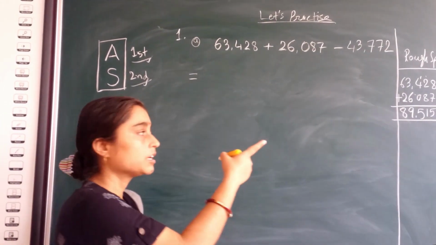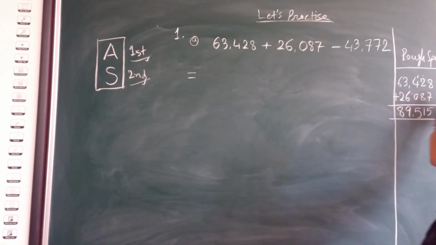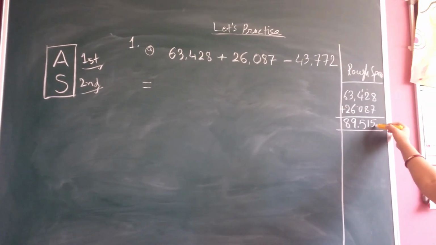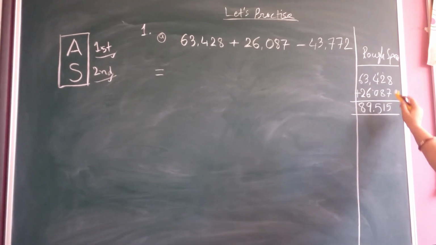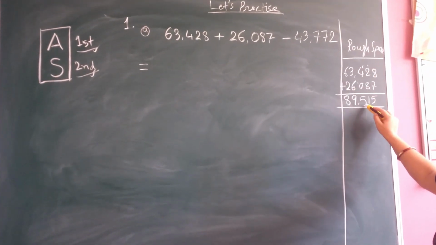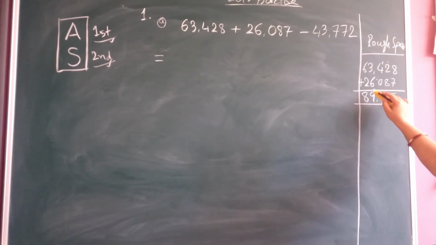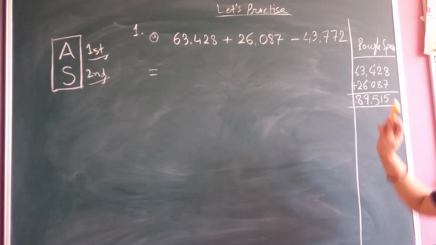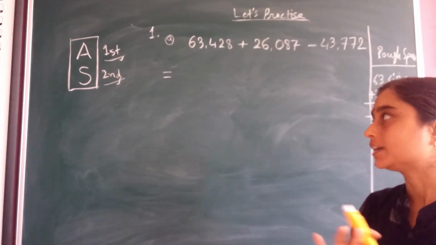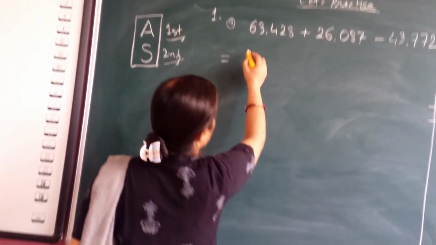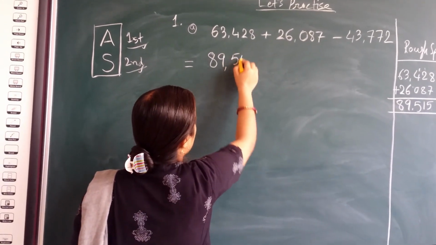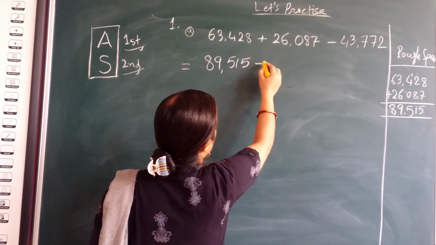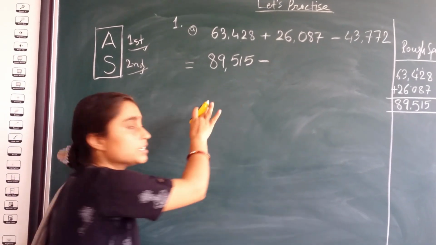So we will check it again. See, 8 plus 7 is 15, 5, carry 1, 8 plus 2, 10 plus 1, 11, 1, carry 1, 4 plus 1 is 5, 6 plus 3 is 9, 6 plus 2 is 8. So our addition is correct. Now write it here. It is 89,515.